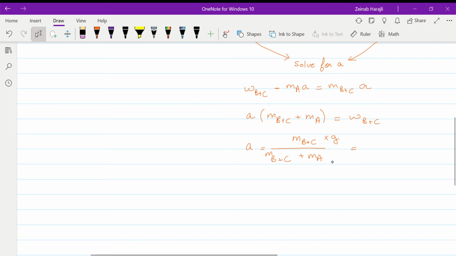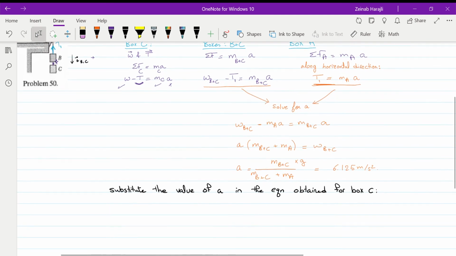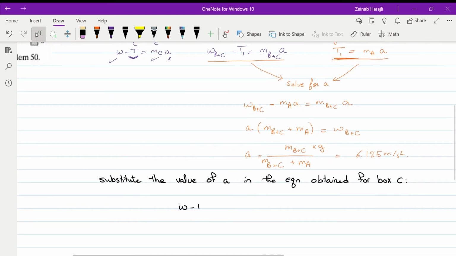So this will give us that the acceleration is equal to m(B+C) times gravity over m(B+C) plus mA, which is basically the total mass for all of the boxes. If we solve this, we're going to get 6.125 meters per second squared. Our next step is to substitute the value of a in the equation obtained for box C. For box C, we got W minus T equals mC times the acceleration.